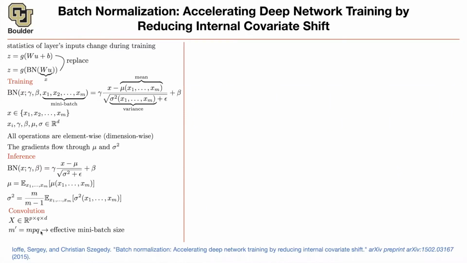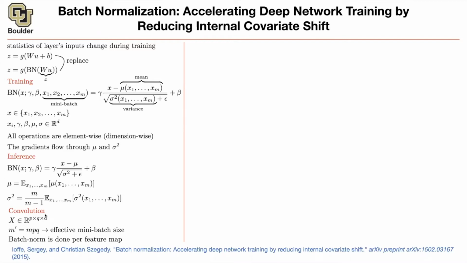What you do is you take the size of your mini batch, which is M, multiply it by P and Q. So all of these are going to be your data now, and the effective size of your mini batch increases by P times Q. And then you do your mean and a standard deviation on that. Basically, batch norm is being done per feature map. So you're doing it per each dimension of your feature map. So is that clear?